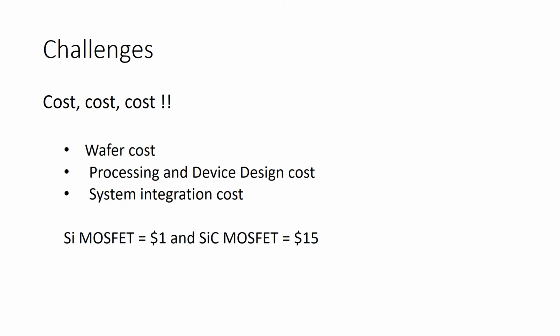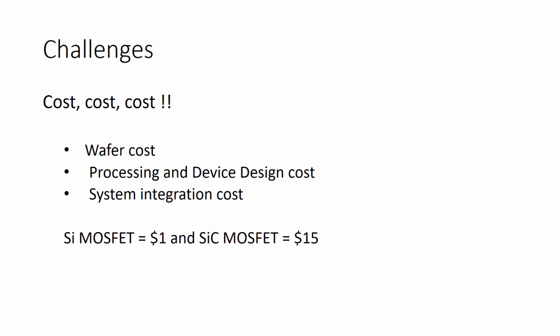So those were some of the advantages of silicon carbide over silicon, and now let's talk about some of the disadvantages. At present, if you go to the market to buy a MOSFET, a silicon MOSFET will cost $1, whereas a silicon carbide MOSFET will cost you $15.